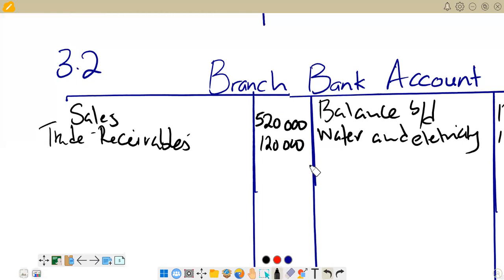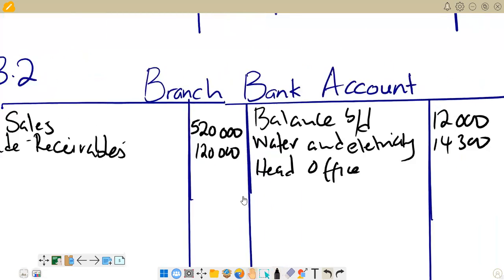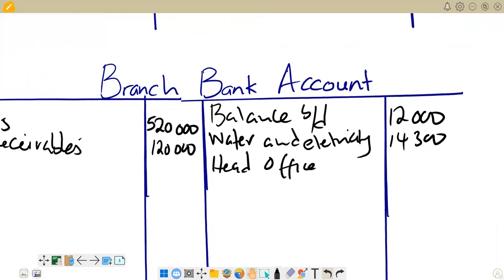So on the branch bank account, remember we are saying we are crediting it, and this money is being paid to the head office. So we are saying head office there, and then we are having 210,000. So this is what we have, and then we go again to the head office.